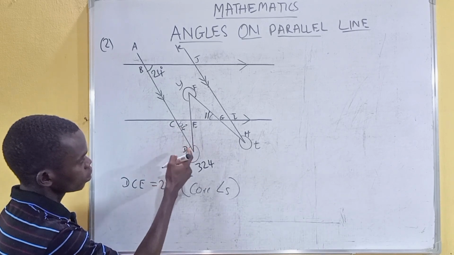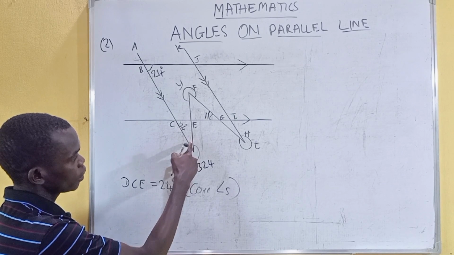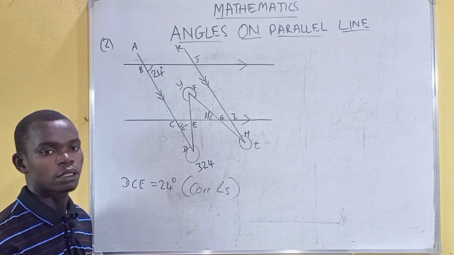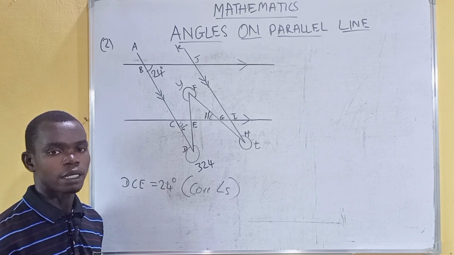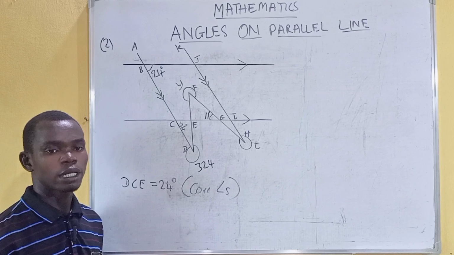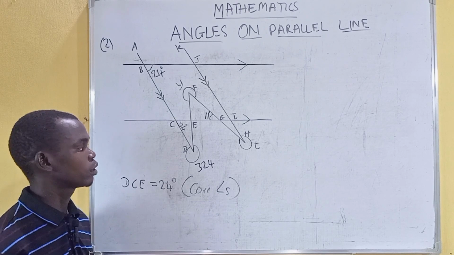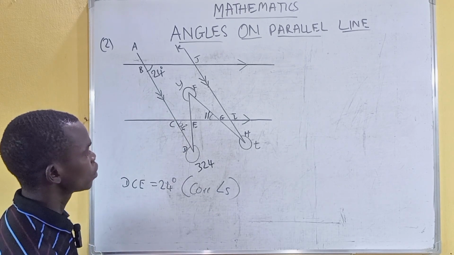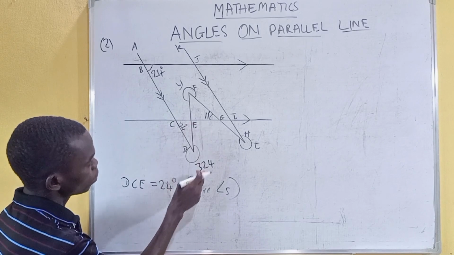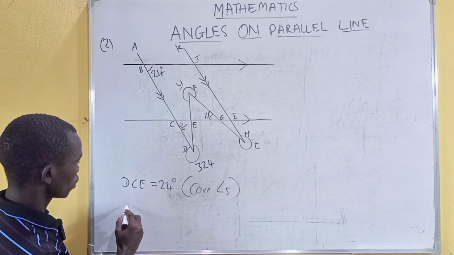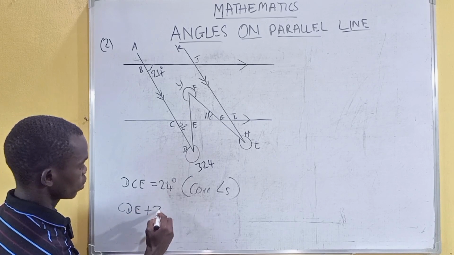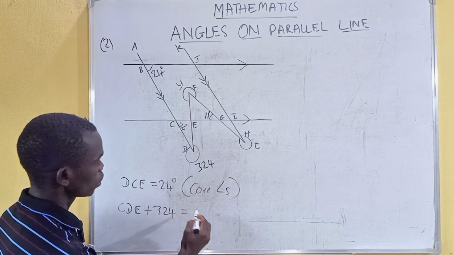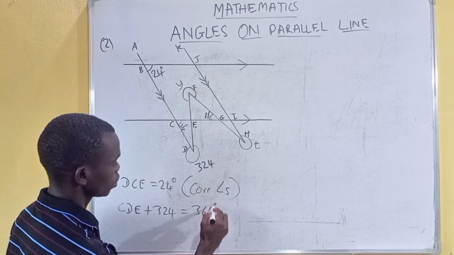And if you look at this angle, to find here, we'll use angle at a point. Angle at a point is also called angle at the vertex. That is, the angle formed by two lines or rays that intersect at a single point, and their sum is equal to 360 degrees. So, angle CDE plus 324 will be equal to 360 degrees.